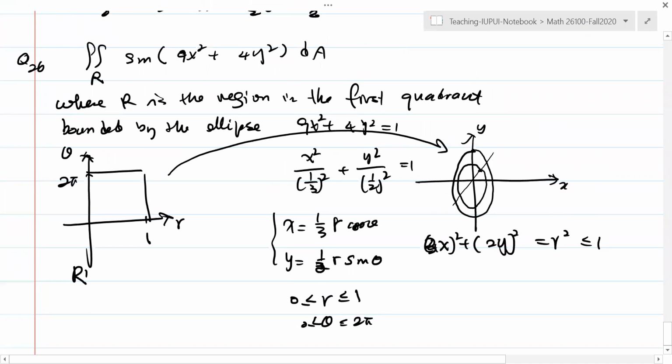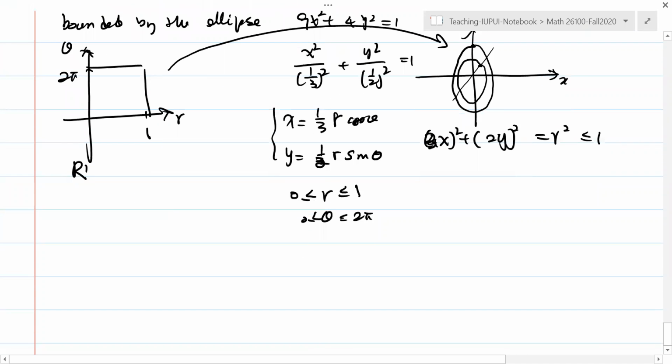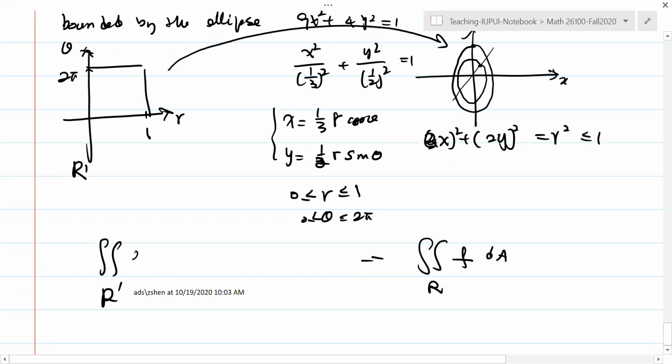All right. So now this double integral of f dA is going to be the integral over R' of f of 1/3 r cosine theta, 1/2 r sine theta, times something, dA'.